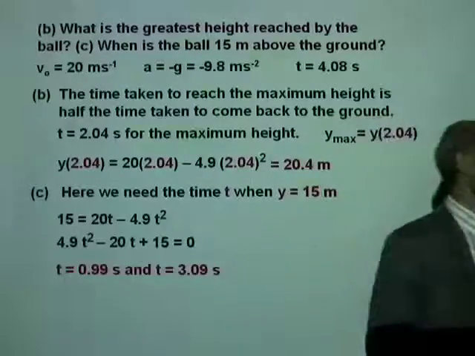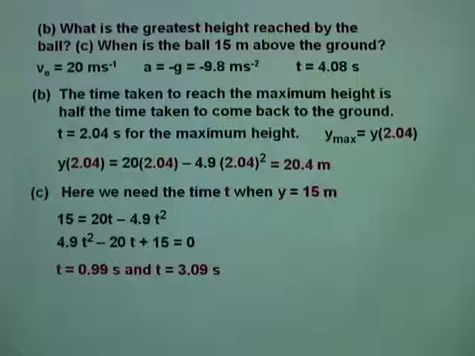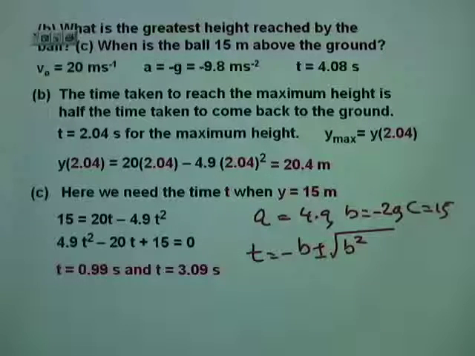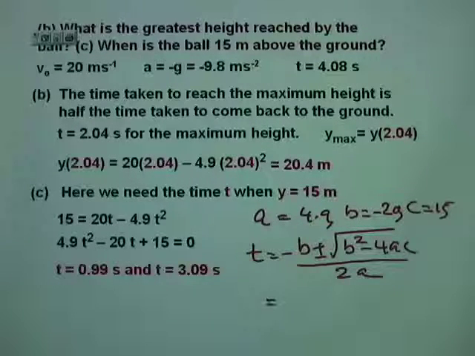Is that right? Well, you know this is a quadratic equation with a equal to 4.9, b equal to negative 20, and c equal to 15. So t will be negative b plus or minus square root of b squared minus 4ac all over 2a. b is negative 20.